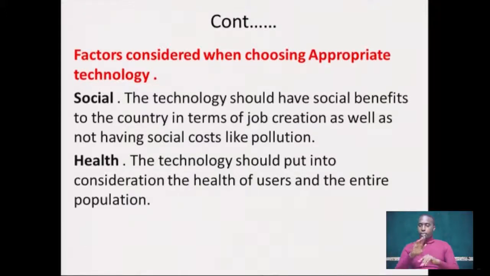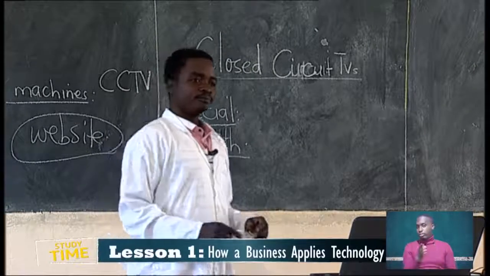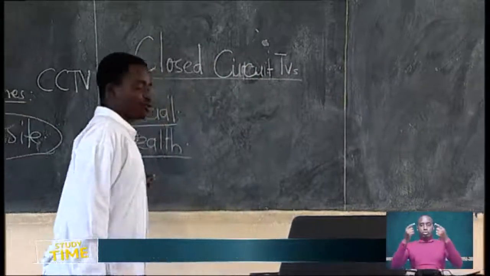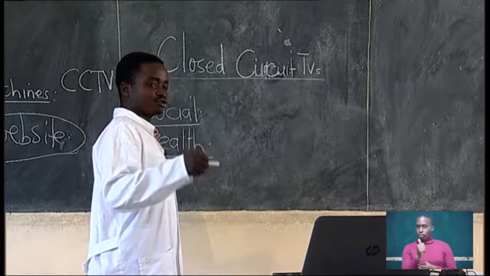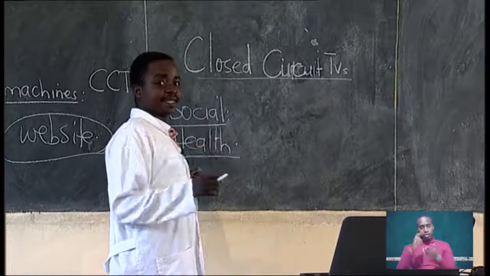That means if it involves use of technological devices, will they harm the health of the users? Do we have negative effects that will come to the health of the people using it? It should not have a negative effect on the health of the users and the entire society.